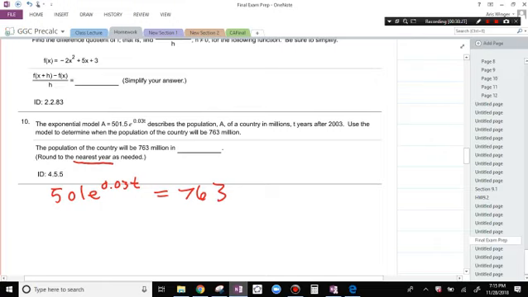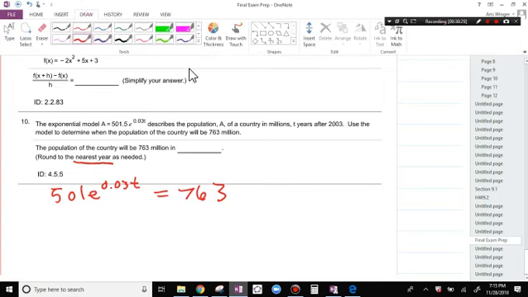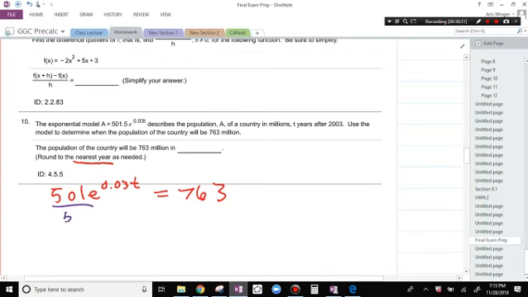Here's the game plan. We'll divide both sides by 501.5, then we'll do something to both sides to solve for t. It's not going to mess it up that it's 501.5.